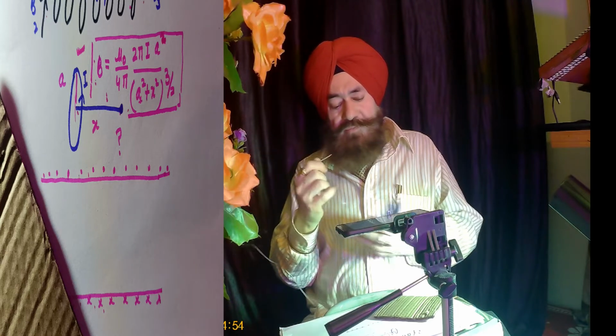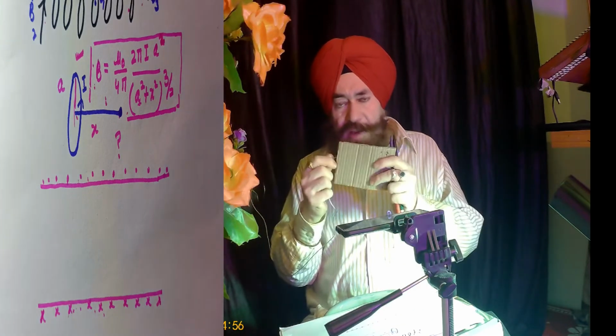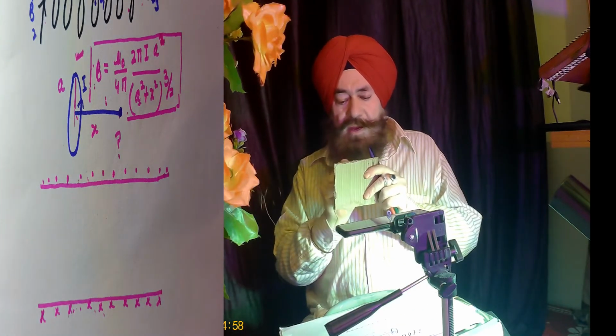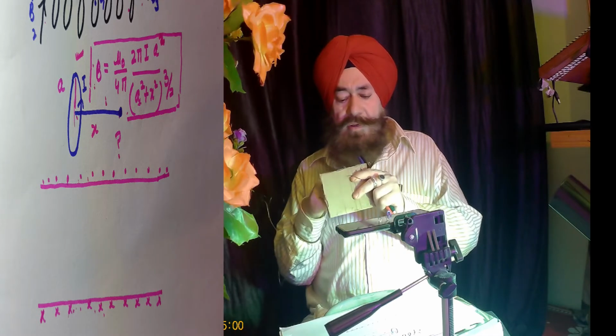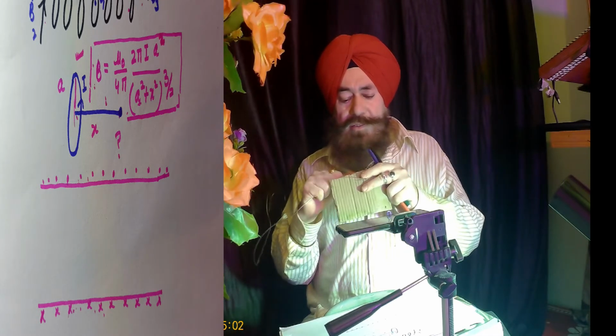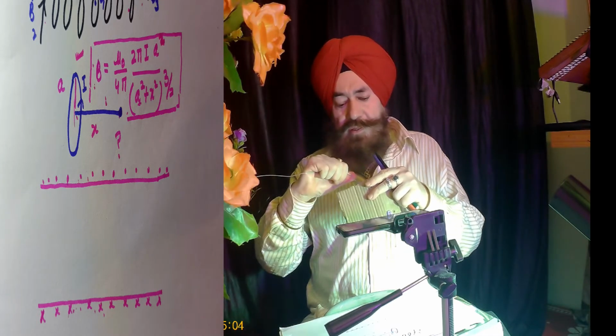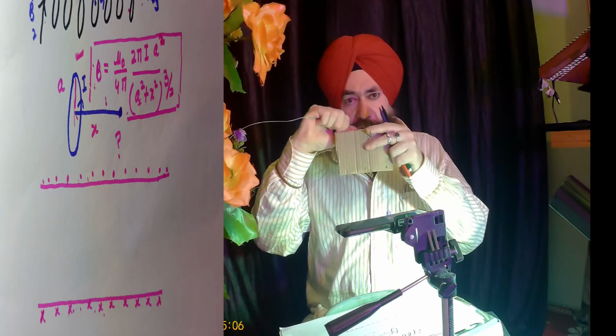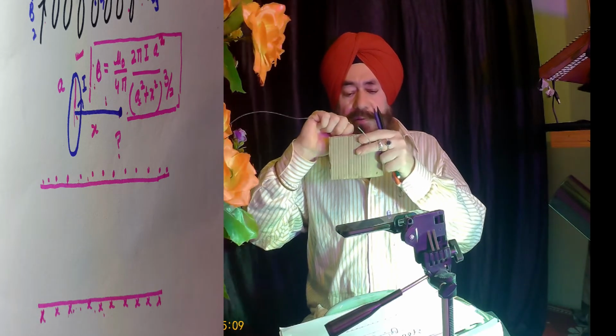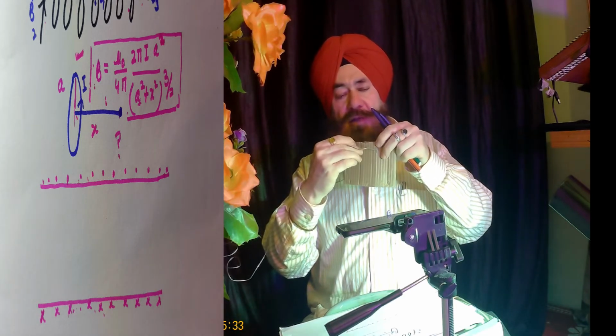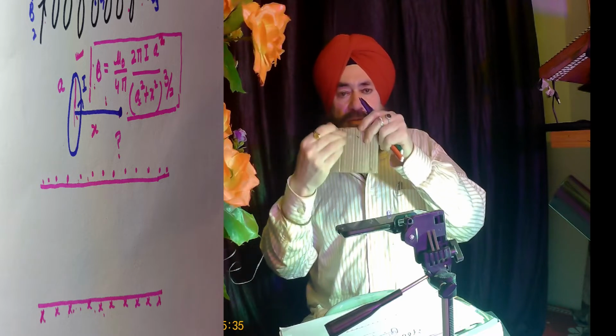Now what will happen? If this is a plane and it is coming out, then we represent it by the dot; going in means cross.